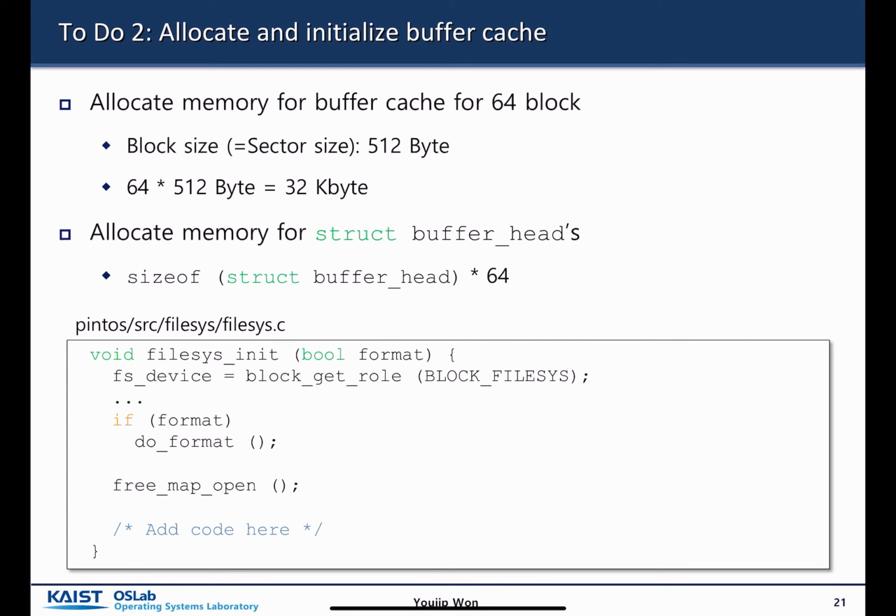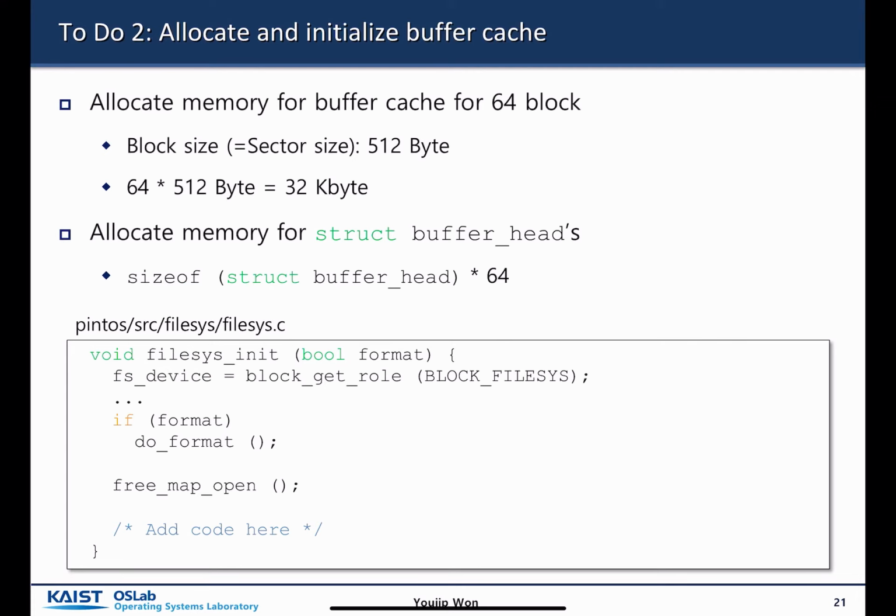And the second issue is allocating and initializing the buffer cache. Of course, this has to be done at the system boot time when the filesystem is mounted. So we need space for 64 filesystem blocks.